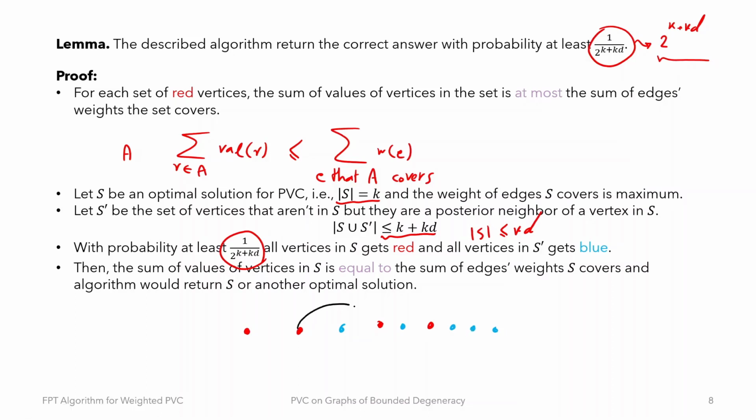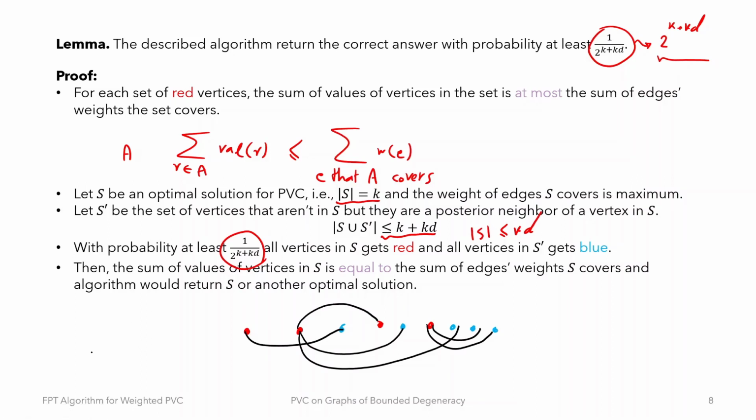Edges can be between two different vertices in S, but each vertex of S prime should be a posterior neighbor of at least one vertex of S. So with this probability, we color all vertices of S with red and all vertices of S prime with blue.